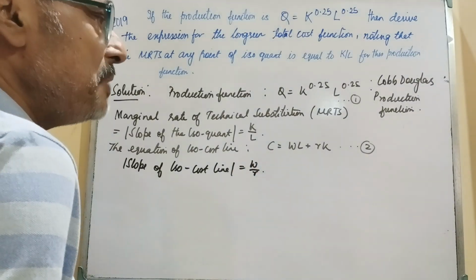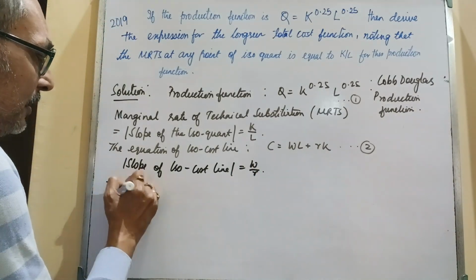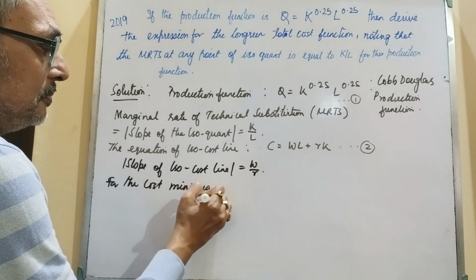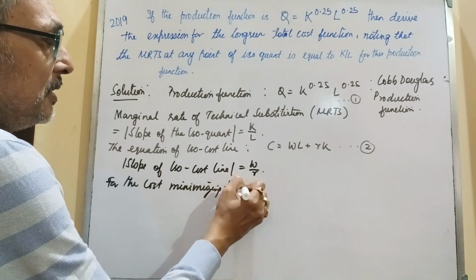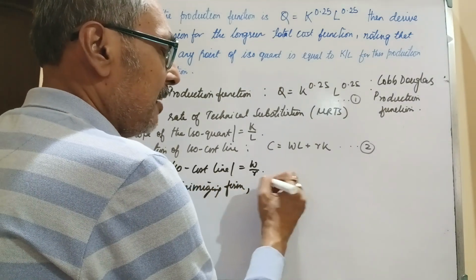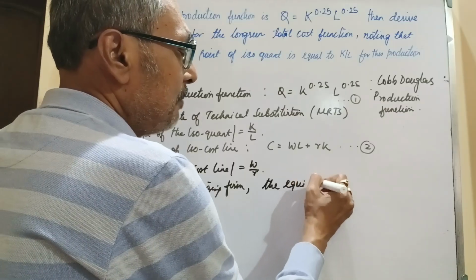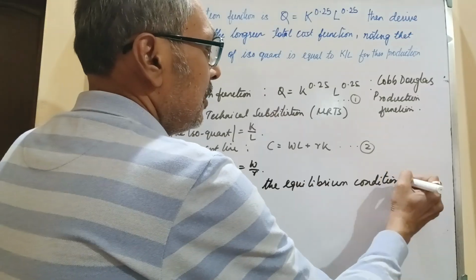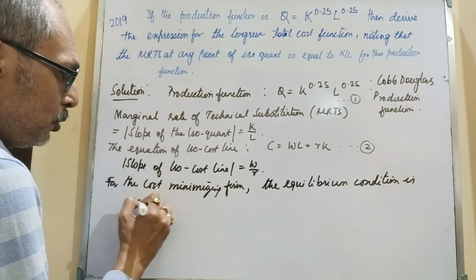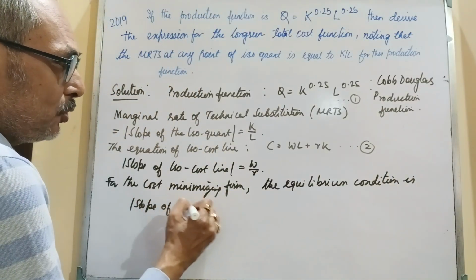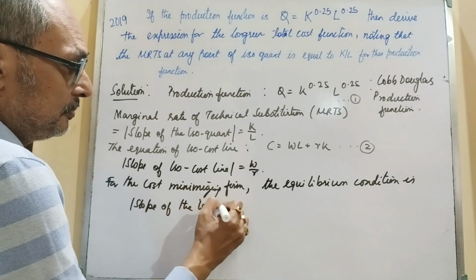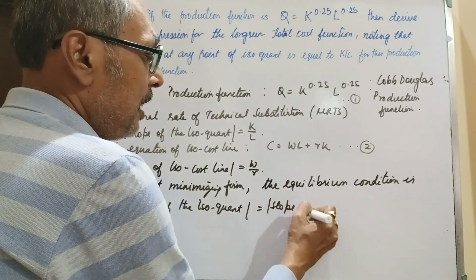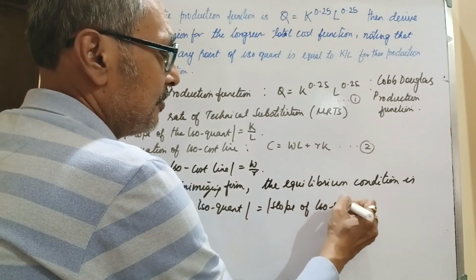Now, for the cost minimizing firm, the equilibrium condition is that the absolute slope of the isoquant equals the absolute slope of the isocost line.